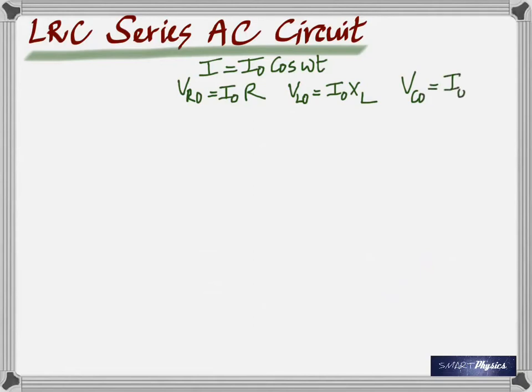And across the capacitance, it would be I naught times XC. That makes sense, doesn't it? The voltage. By Ohm's law, voltage is current multiplied by resistance or reactance. But there are three ways to go about this, and I'm using the easiest way. And this is what I'm using.